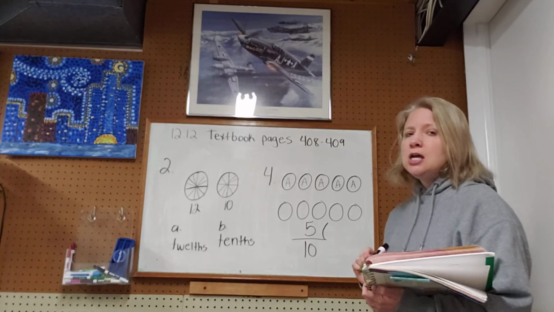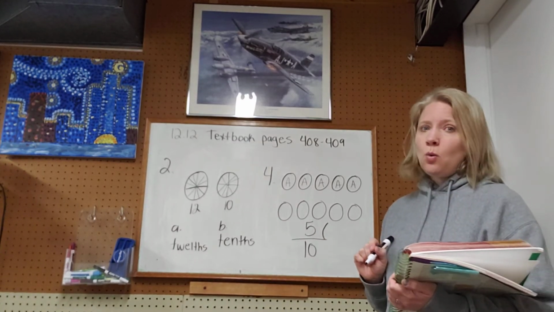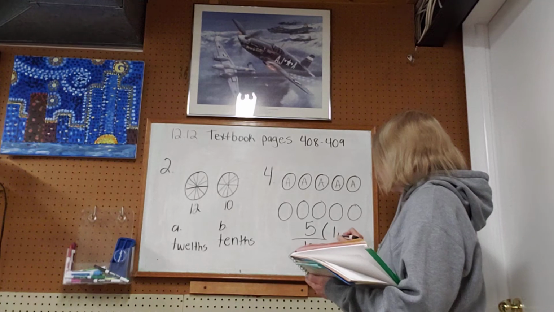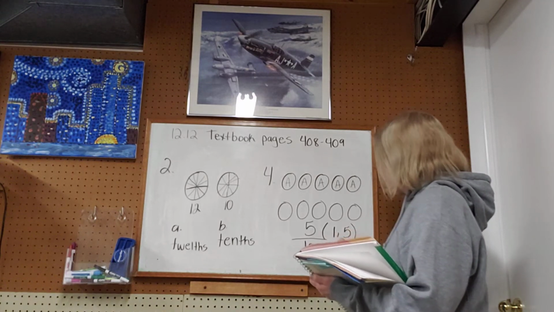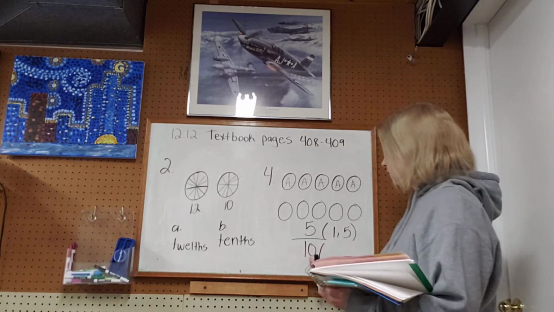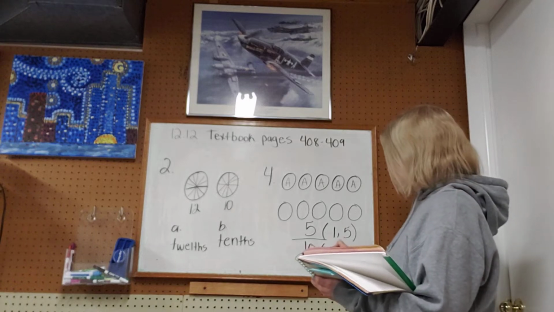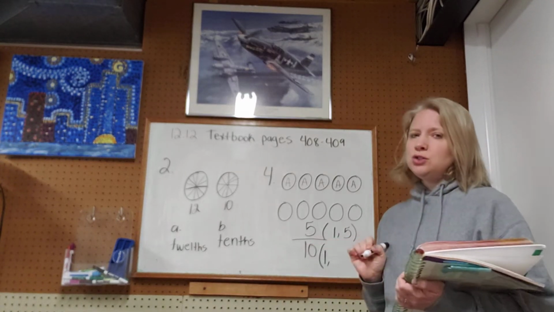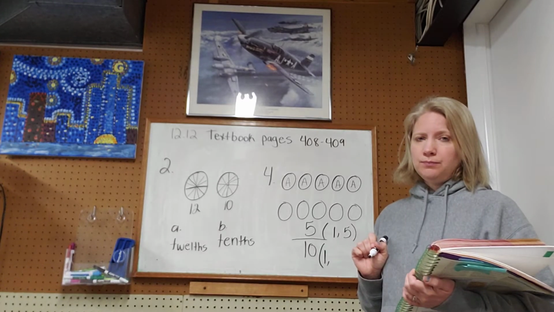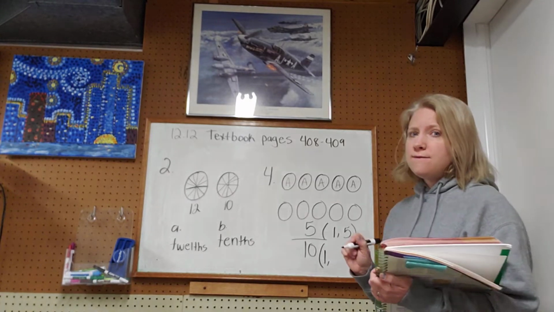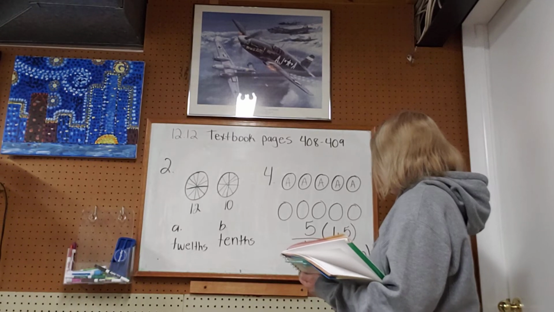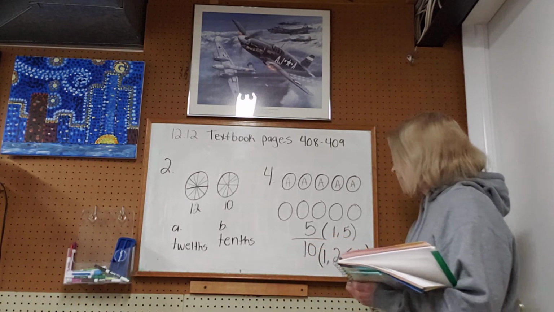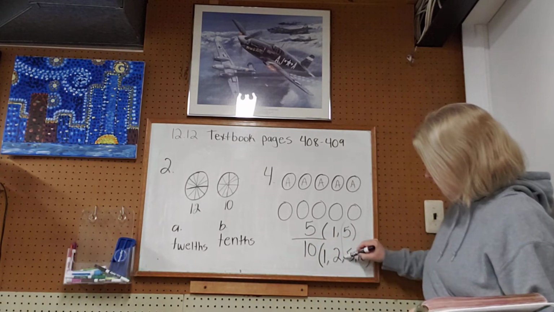For 5, it's only 1 and 5 itself. And for 10, there are a couple. There's always 1 and the number, so 1 and 10. And there's 2 other numbers multiplied together: 2 times 5 gets you 10. So you look at the common factor, and there's the 5.